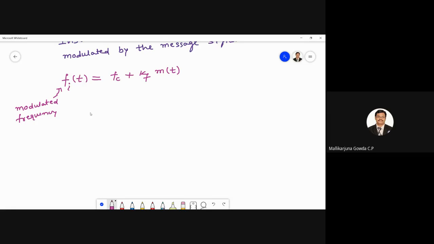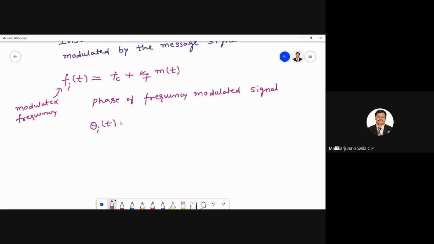So I can write the phase of the frequency modulated signal as, let me say this is the phase theta i of t.